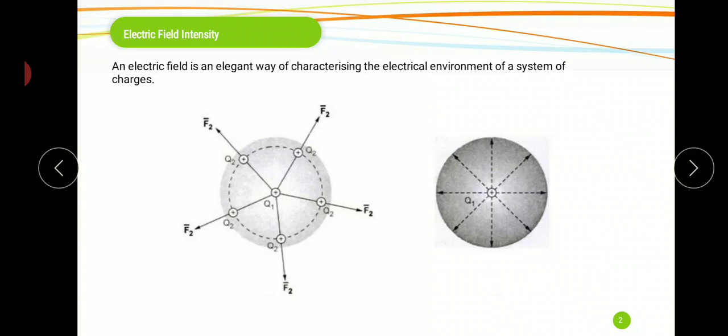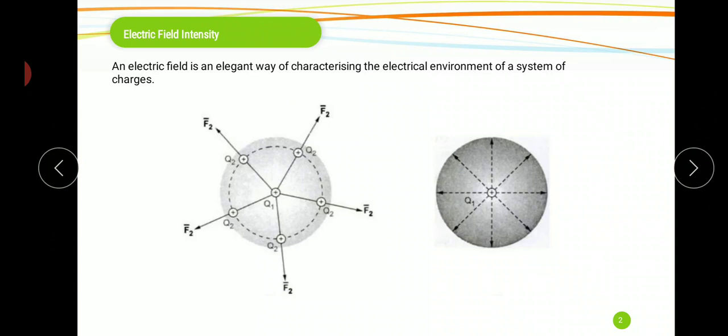As we move away from the charge, the electric field intensity gradually decreases. That is a very important point. Electric field intensity is not constant throughout the electric field. It is a variable function that depends upon how much distance from the charge.